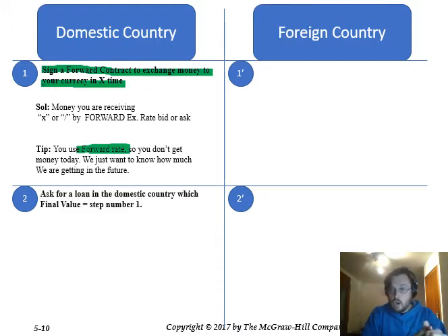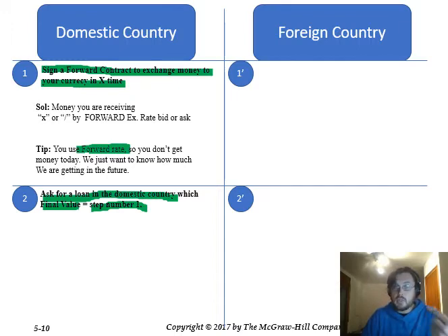Once we know how much money we are going to receive in our currency, it is time to ask for a loan in our country, whose final value equals step number 1. So it equals the amount of money that you are receiving in your currency in the future.